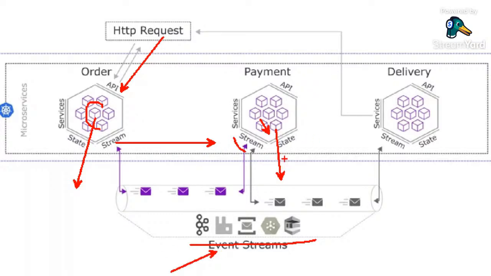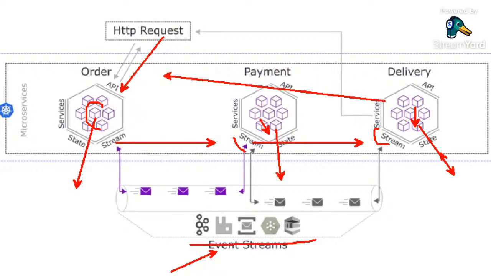The payment microservice detects this event, reacts to it, and saves its state on the database. Then it emits a brand new event which says something has been paid, so we need to deliver it. The delivery microservice will react to this event, do some processing, and save its state on the database. But before going any further, it will make a web request to order through the services adapter, do some math, and then save its state on the database.